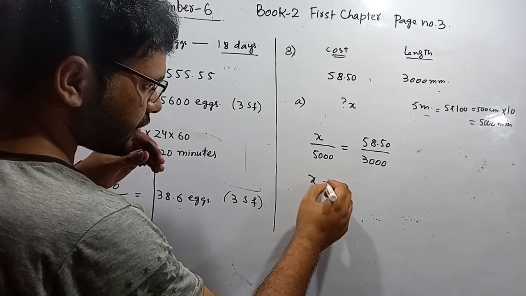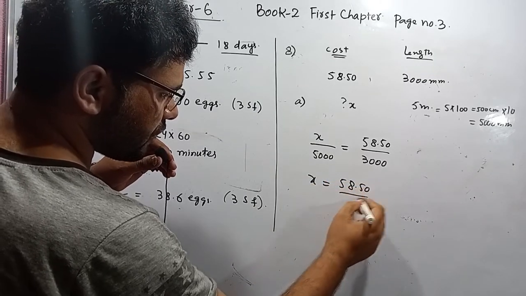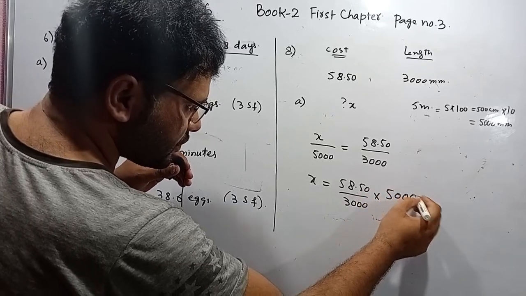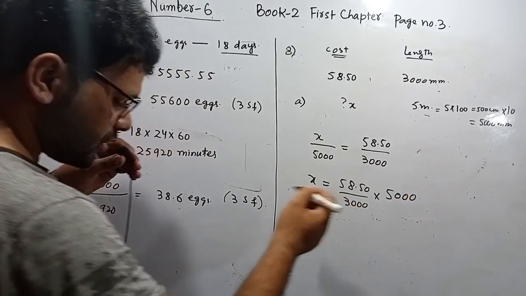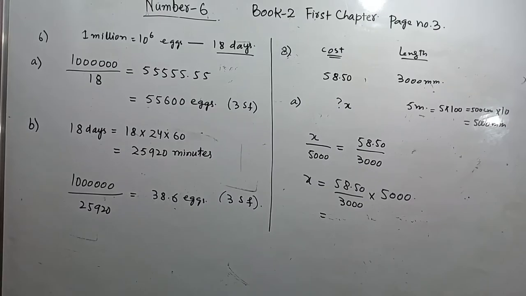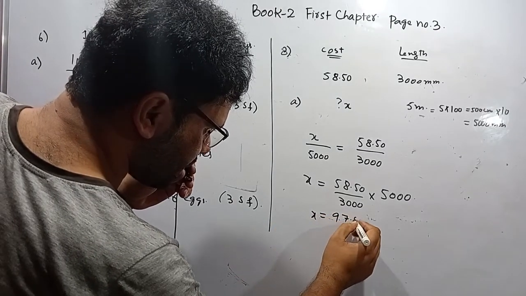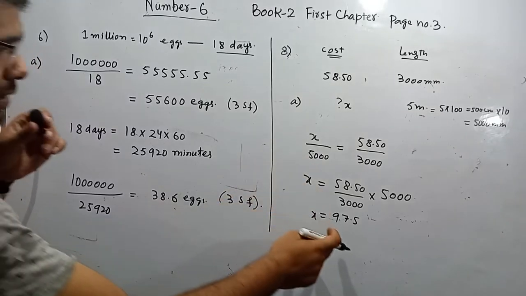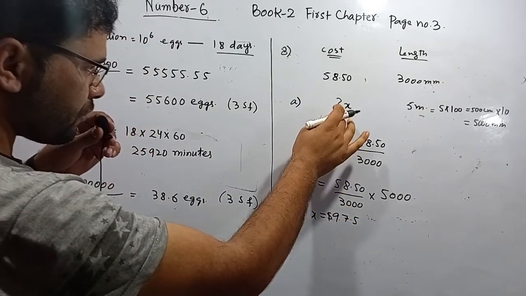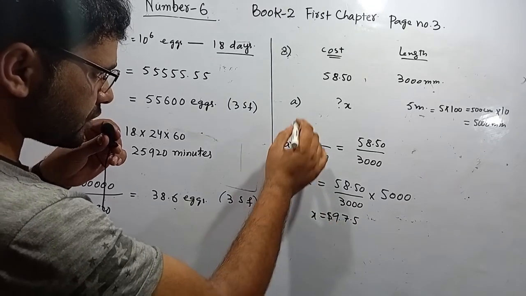So I can write x is equal to 58.50 divided by 3000 into 5000. Now I will calculate the value. That is, x is equal to 97.5. What is this? Dollar. So for the first part, the answer is this. You can see this is the A part.